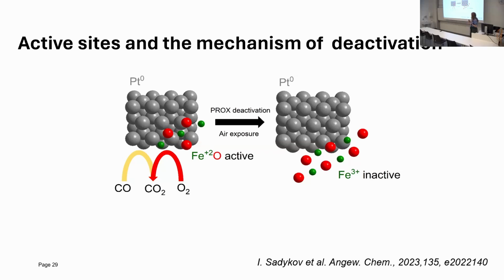And most probably the mechanism of deactivation of the catalyst is the formation of species similar to iron 2 or 3, because we could see that once it goes there, you need again activation in hydrogen, and only this can make it active again.